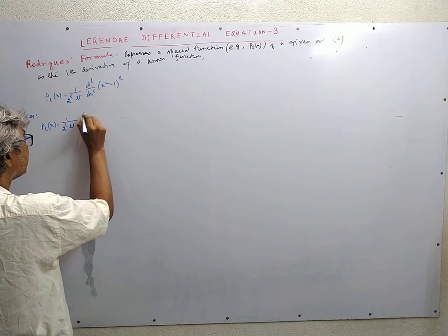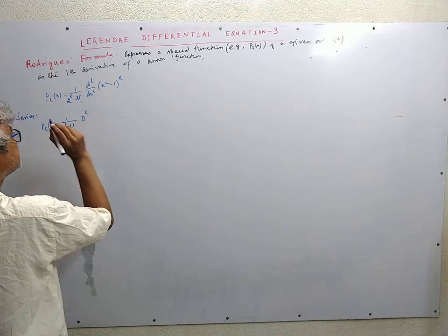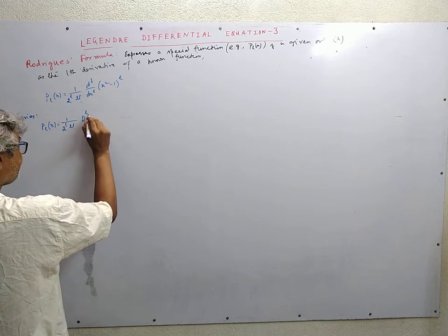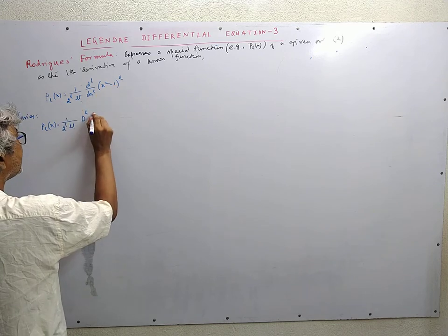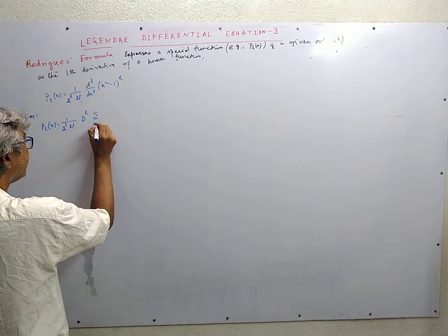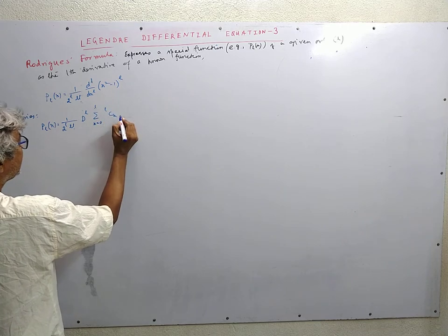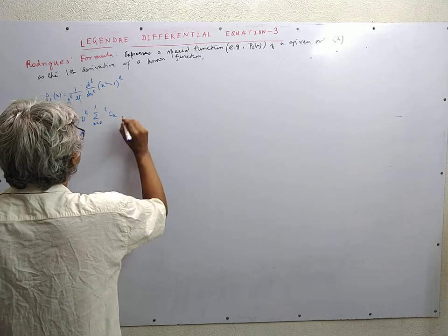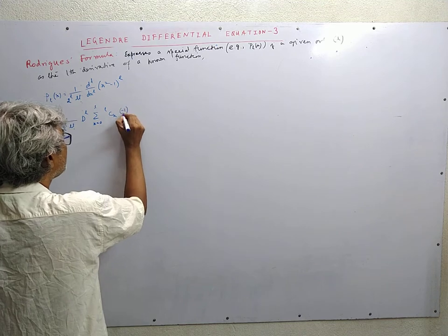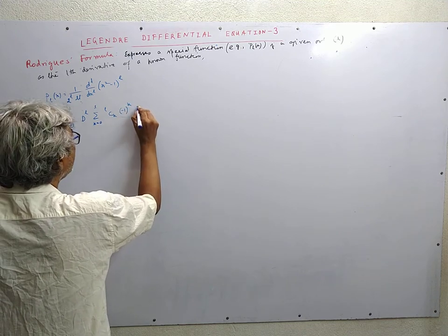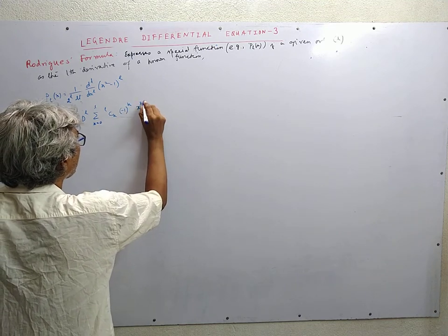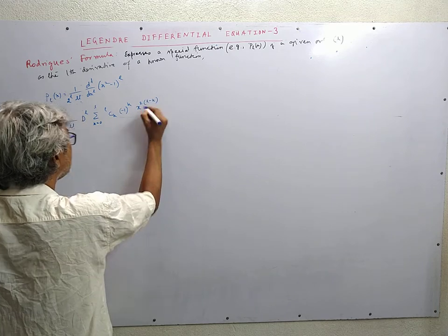To shorten the notation, we write summation over k is equal to 0 to L, L C k, (minus 1) to the power k, x square to the power L minus k.